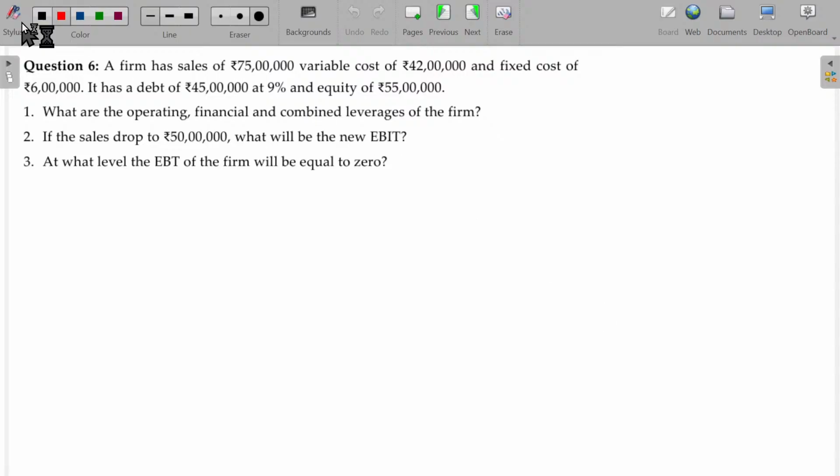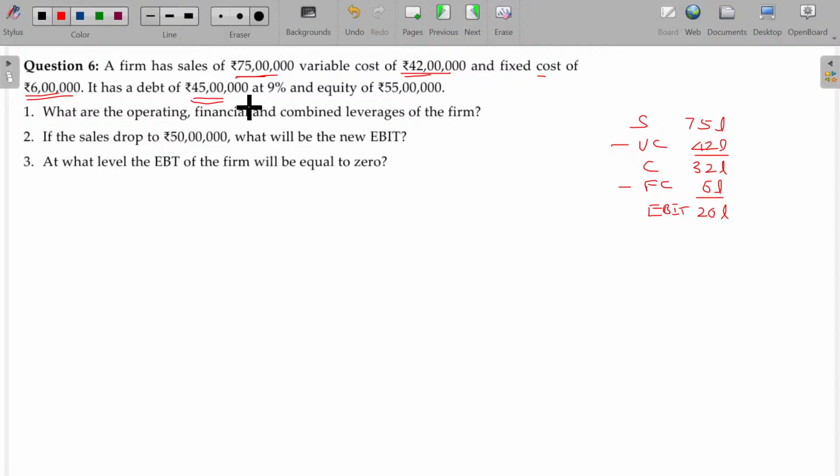Now, a firm has sales 75 lakhs, variable cost 42 lakhs, fixed cost 6 lakhs. Sales 75, variable cost 42, contribution 33 lakhs, fixed cost 6 lakhs, EBIT being 27 lakhs.